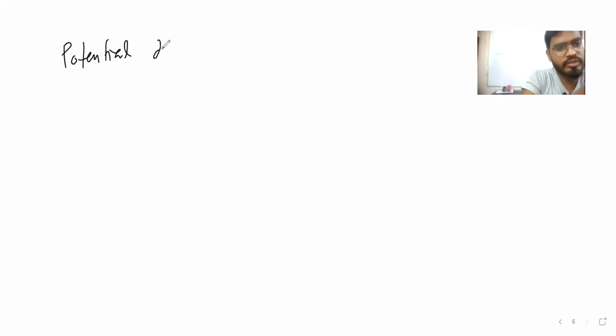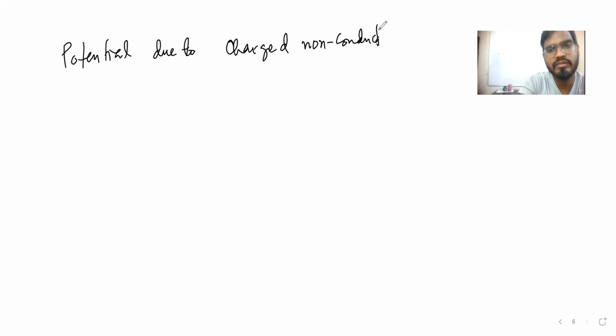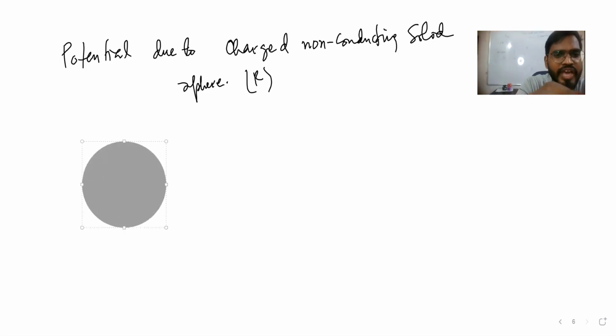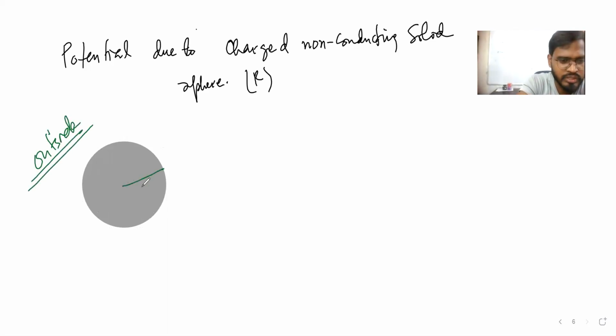So the case is potential due to a charged non-conducting solid sphere, right? Let's see. Radius is capital R. Outside is small r. Those things will be there. Guys, first we are seeing outside the surface. Outside we will find potential.